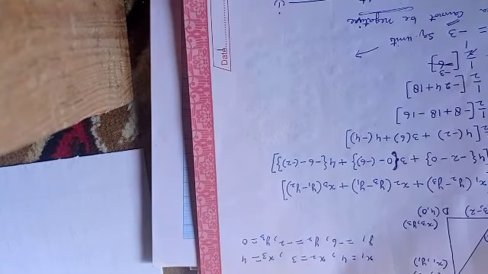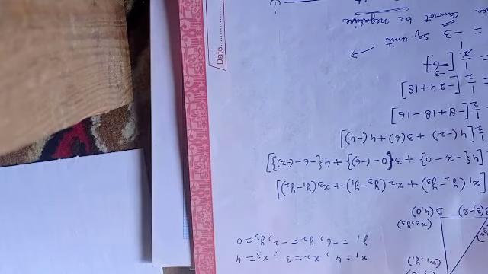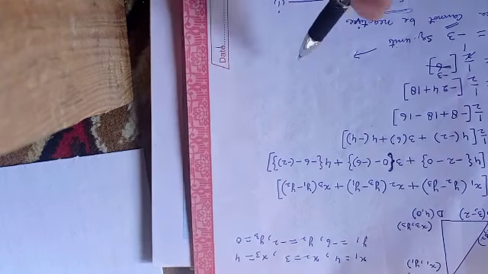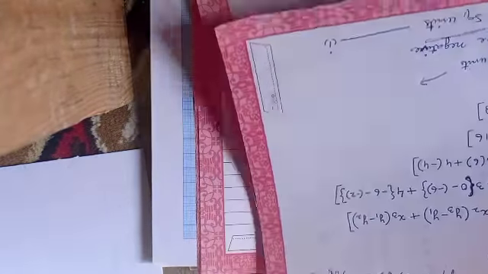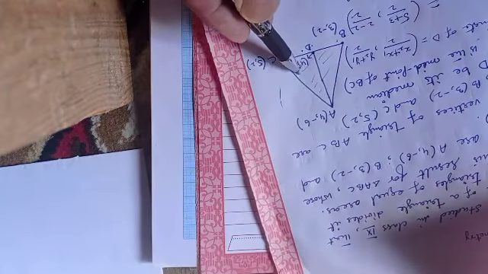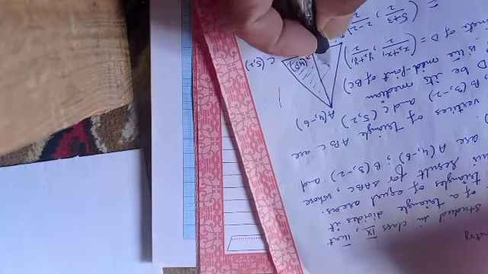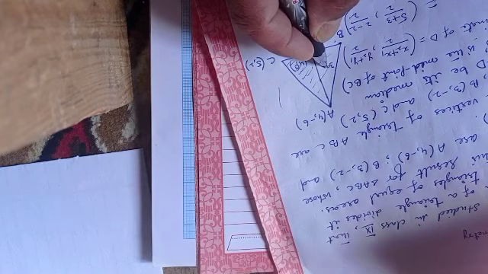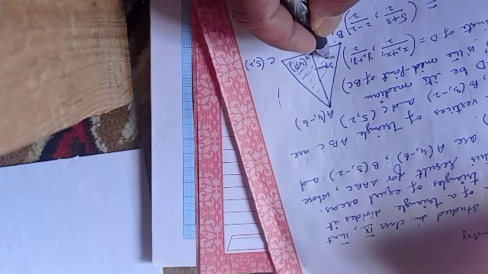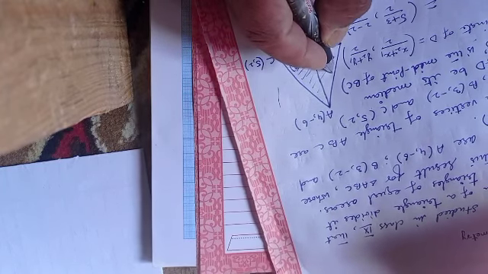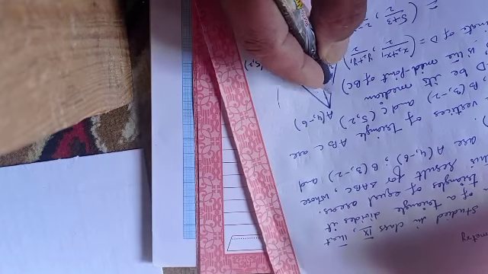Area must be positive. So area of triangle ABD is 3 square units.